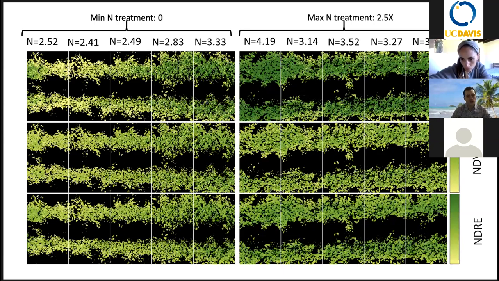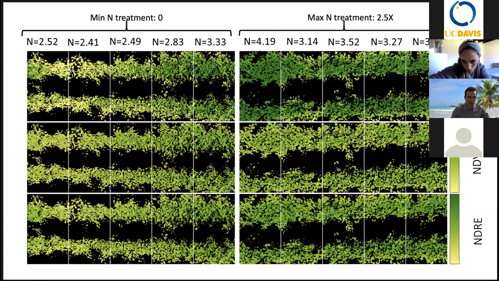This is some more in-depth details. These are vines with different nitrogen level. And I compare NDVI, NDRE, and a model that we developed using a machine learning algorithm. So on the left, you can see mostly deficient samples, and on the right, you can see optimum and excess.